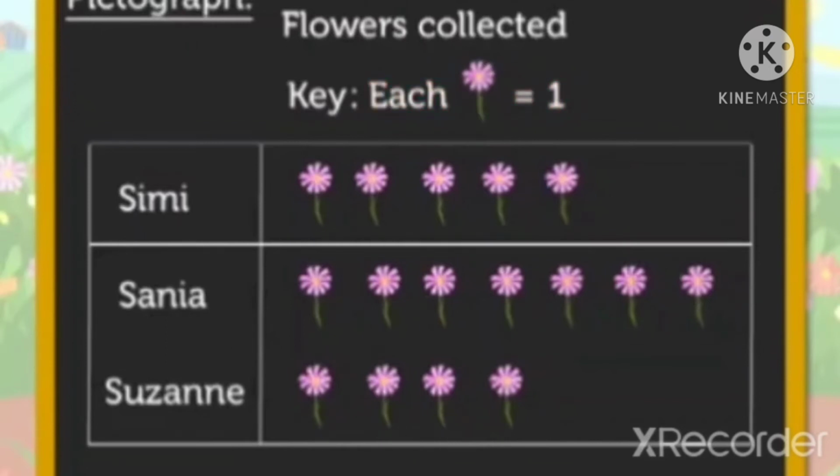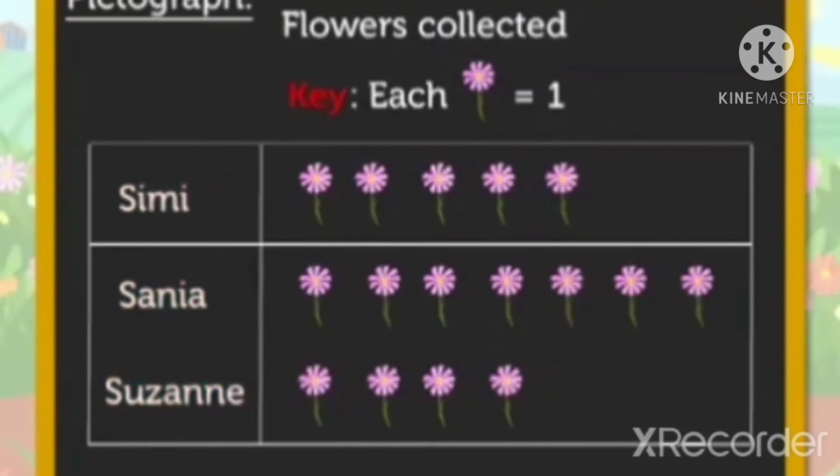Now, let us see how we can read this pictograph of the flower farm example. The title Flowers Collected tells us the pictograph is about the number of flowers collected. The labels give us the information of who collected the flowers.